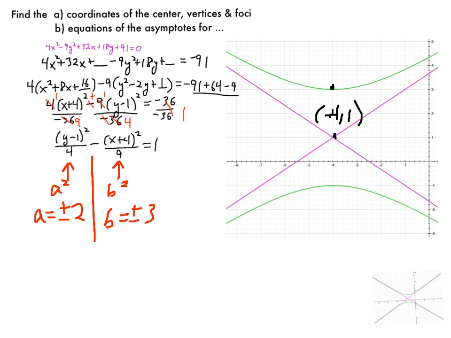All right, now the distance to the vertices is plus or minus a. This right here is a vertex, and right here is a vertex, and this distance is plus a, and this is minus a. Well, what are we adding and subtracting it to, the x or the y value?